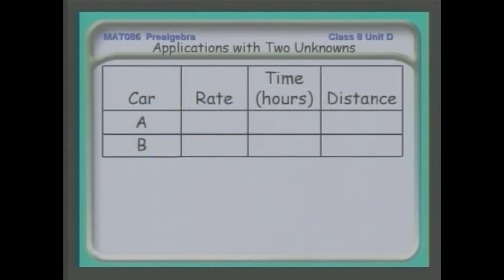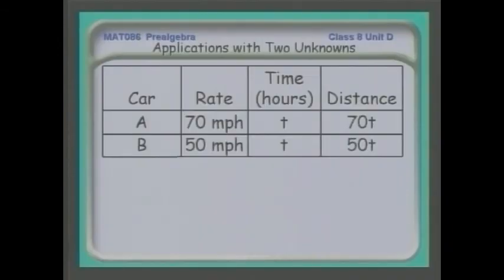Let's fill in on a table what we know. One is going 70, one is going 50. Since they've left at the same time, we know that they're going to be traveling in opposite directions for the same time. For one of them, car A goes a distance 70 times t, where t is the number of hours.